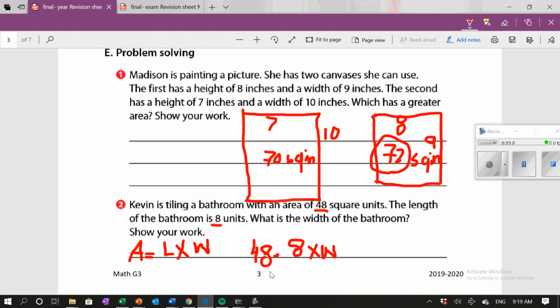Excellent, it's about dividing: 48 divided by 8. The answer would be 6. So the width equals 6 units.